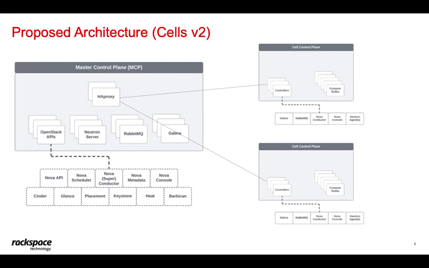These controllers do communicate with things like the Nova superconductor at the MCP level, but there is no synchronization between the databases between the MCP and the cell, which is a big key difference from cells v1. So eventually you will hit a ceiling here. But I can tell you with this customer, we're at over 3,800 nodes currently, with plans to deploy 500 more in the coming weeks. And I think 5,000 is going to be pretty easily achievable with this setup.